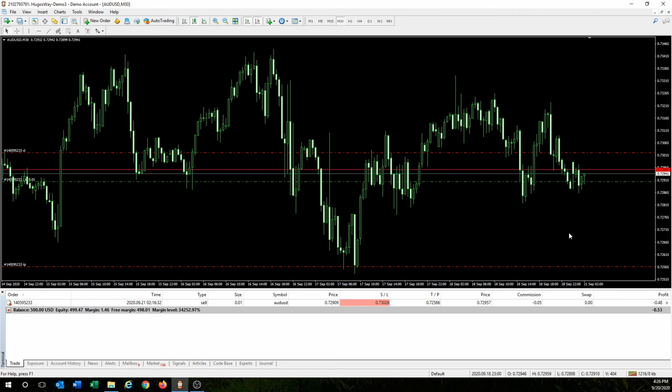We want to try to make 2 to 3x our return. That's pretty good. For every dollar you risk, if we make $3, that's a pretty good risk to reward ratio. In this example, you can see that we're risking $1.17 to make $3.43. So that's as easy as it is to place a sell.